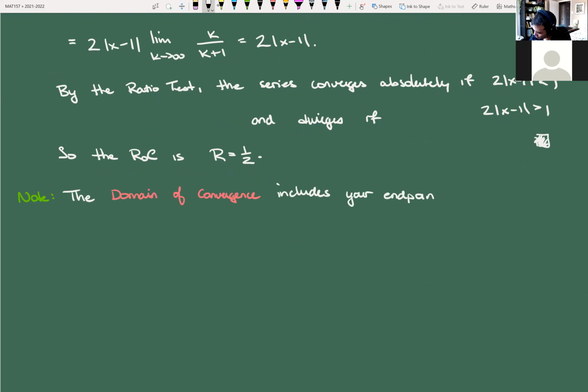Okay, so the radius of convergence always ends up giving you this open interval, but you might want to cap it off, right? So you have to just check those by hand, since there are only two endpoints. Just check them by hand.